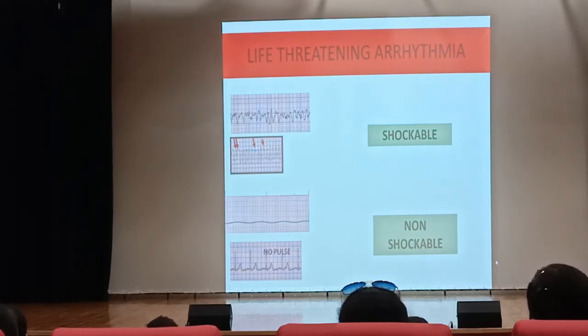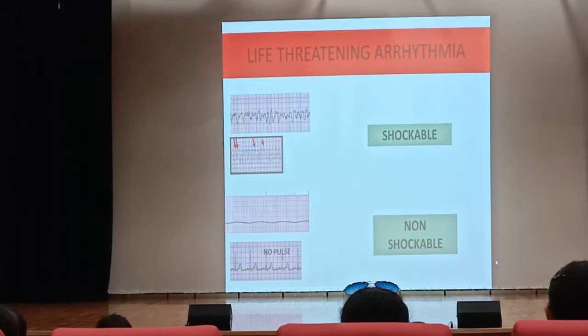Rhythm is irregular; I cannot comment on it because I am not able to identify any R wave. I can't identify the P wave. If I can't identify the QRS complex, I cannot comment on the PQRS relation, the morphology of the P wave, or the PR interval. Certain complexes are there, but they are very chaotic.